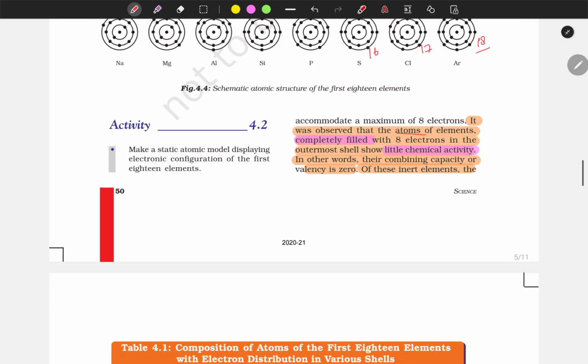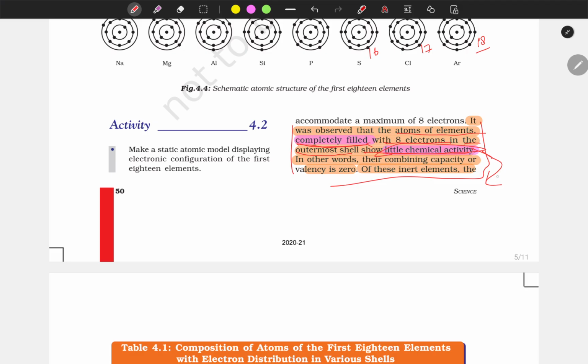It was observed that atoms of an element completely filled with 8 electrons in the outermost cell show little chemical activity.